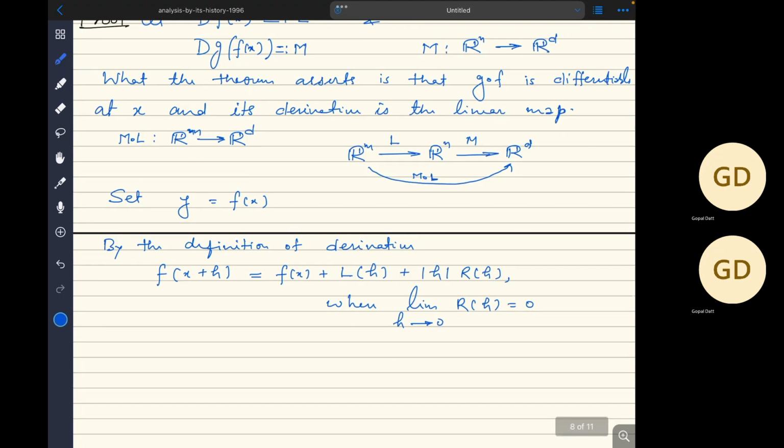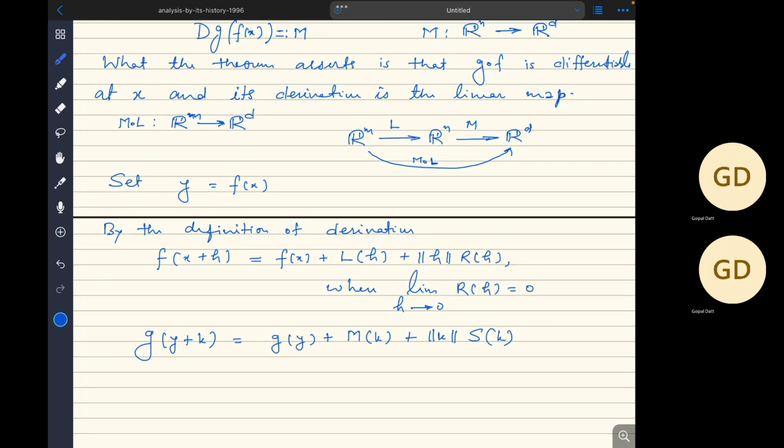Similarly, g is differentiable at f(x), which means g is differentiable at y. This means g(y+k) equals g(y) plus M(k) plus norm k times s(k).